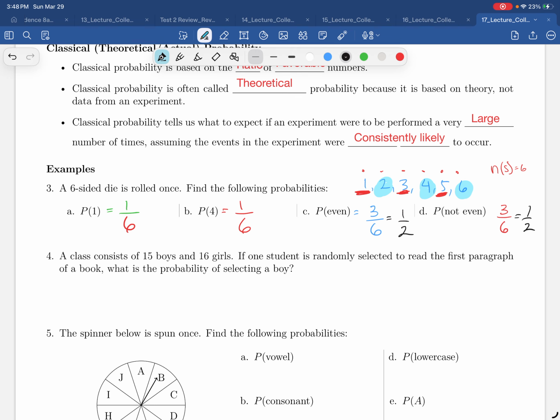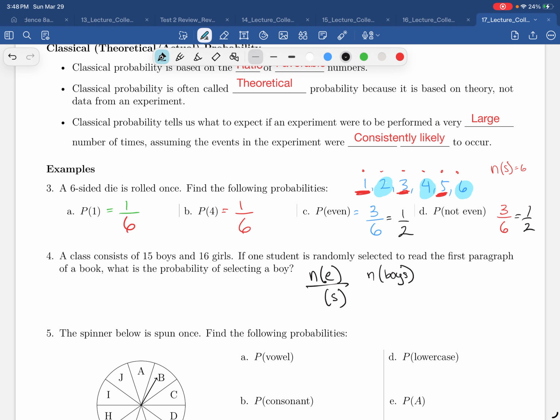Okay. And that's it. A class consists of 15 boys and 16 girls. If one student is selected to read the first paragraph of a book, what's the probability of selecting a boy? Well, what we would do is look for the number of items in the event that we're looking at, and in this case, it's choosing a boy, right? So the number of boys, and then the total number in the sample space.